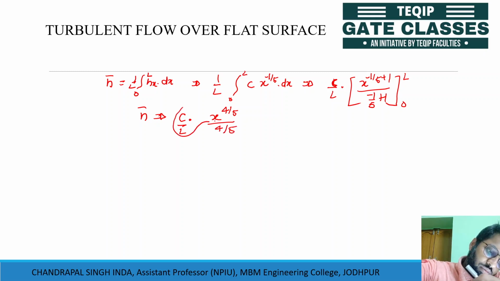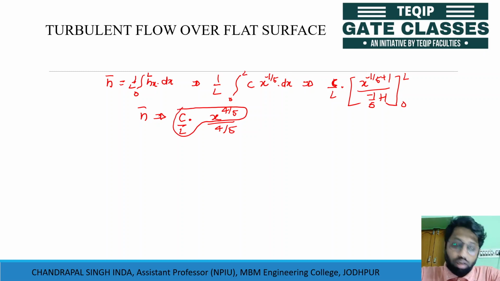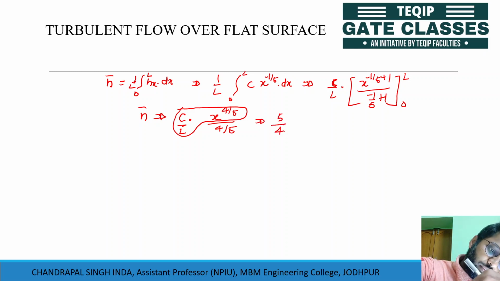So this term will give us the local convective heat transfer coefficient at that particular point, and the result will be 5 by 4 times of the hx.